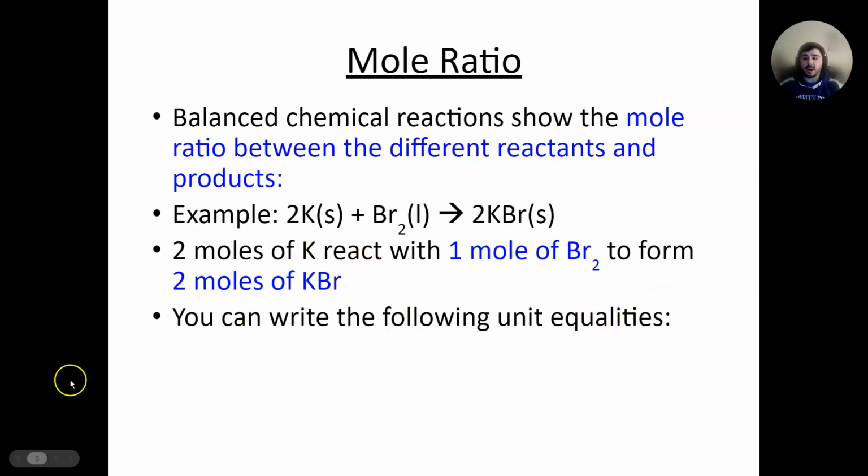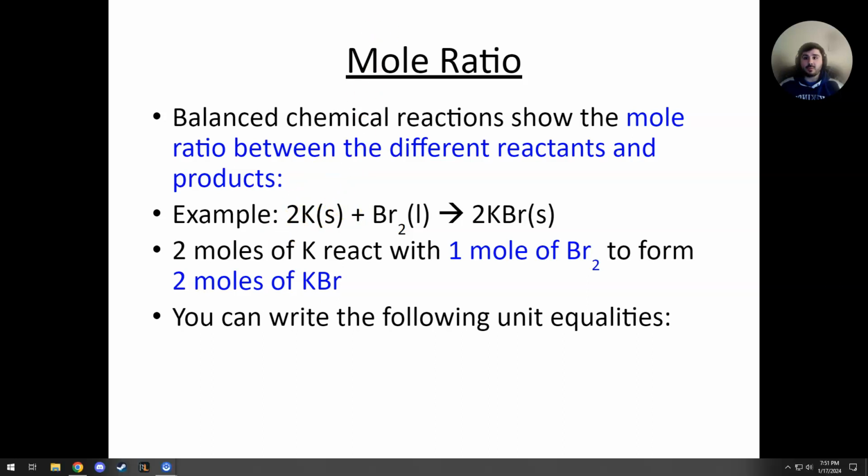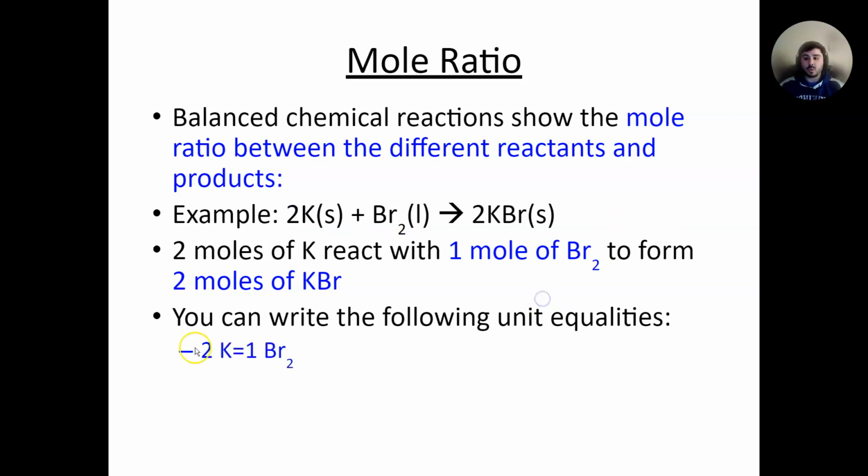Now, if I wanted to compare any of these amounts of moles, I could say that this 2 moles of K, or 2 moles of potassium, are equal to this 1 mole of bromine liquid, Br2. And I can represent that in terms of a unit equality, right? 2 moles of potassium equals 1 mole of Br2.